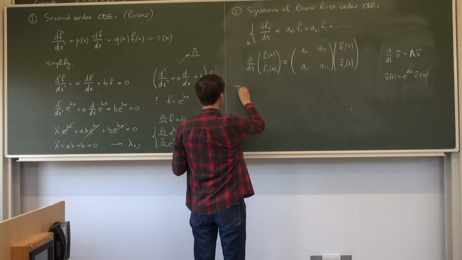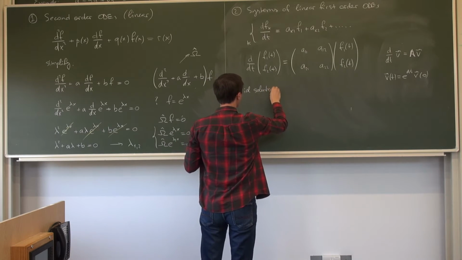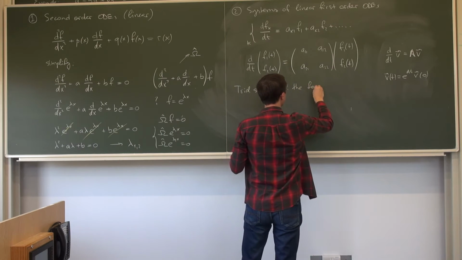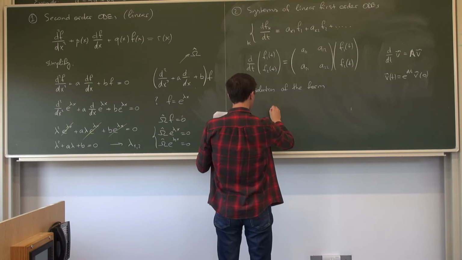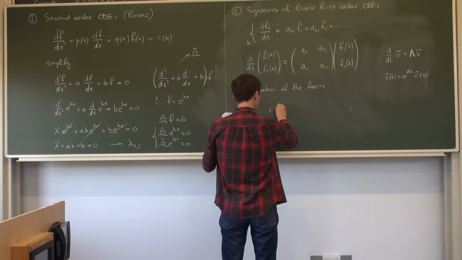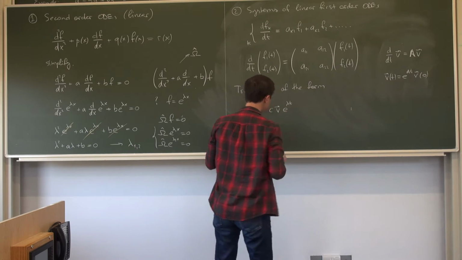Right, so we look for a solution of the form some coefficient c times some vector v times e to the lambda t.